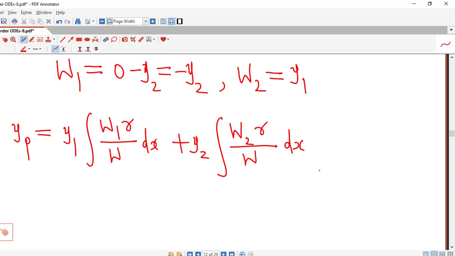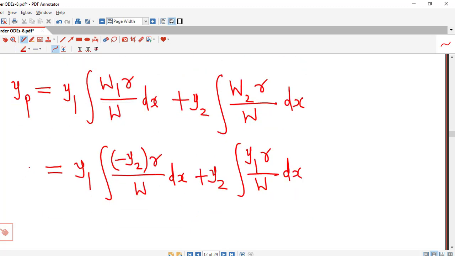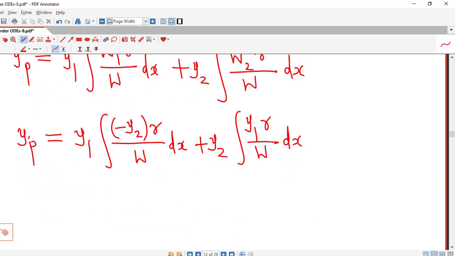Now I substitute the values of w1 and w2. So y1 times w1, which is minus y2, into r over w dx plus y2 times w2, which is y1, r over w dx. So you can see we obtain this same formula.